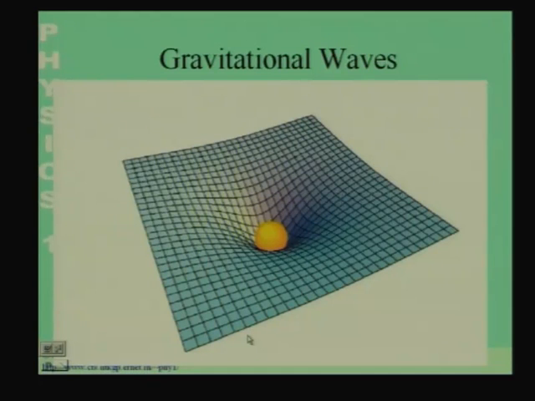Before going into what it does, let me tell you a little bit about the motivation for building such an enormous interferometer. To get some idea of this motivation, we have to take a little look at gravitation. So, we will take a little look at gravity.